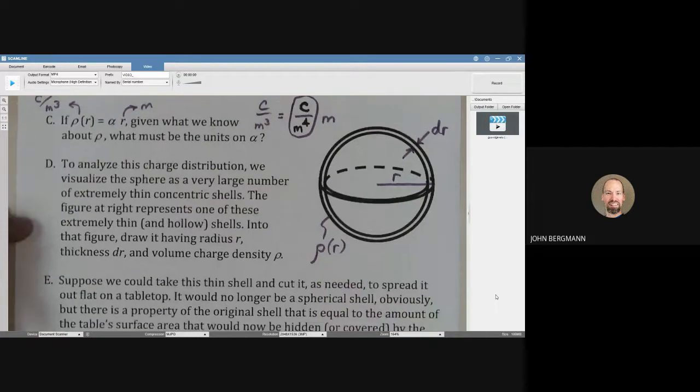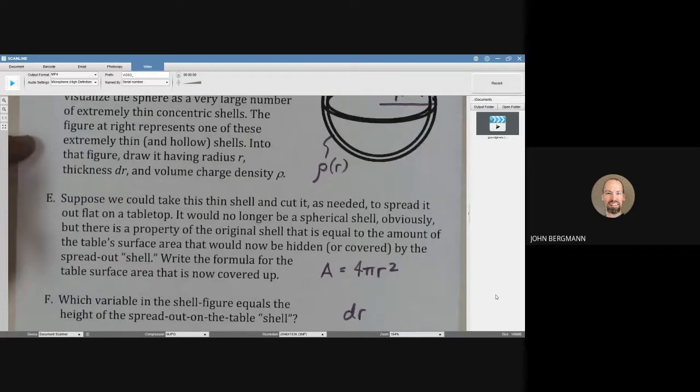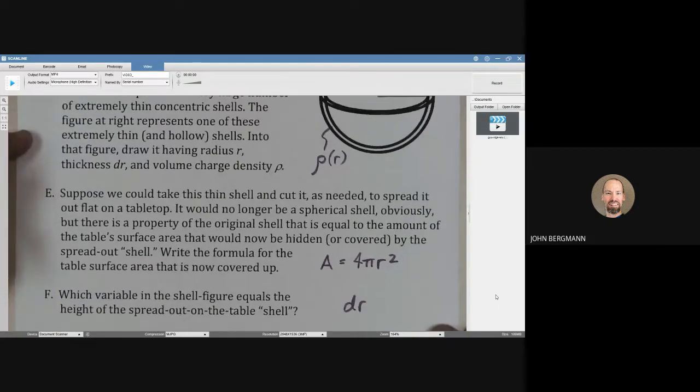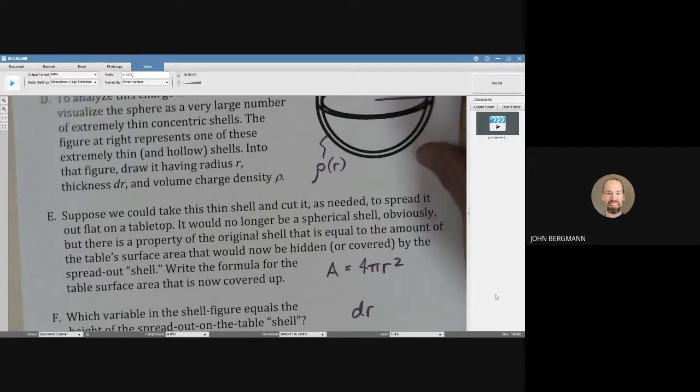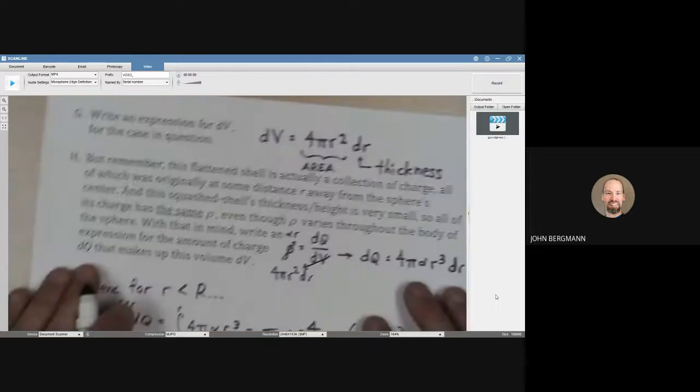If we were to take that shell out, cut it and spread it out on a table, it would cover an area equal to its surface area, and it would have a very thin thickness equal to dr. So the total volume of that thin shell is 4 pi r squared times dr.